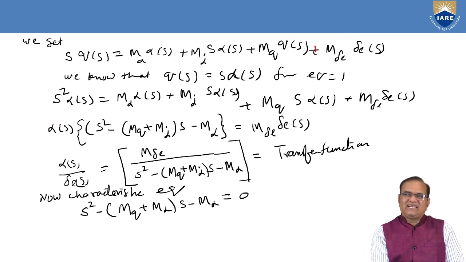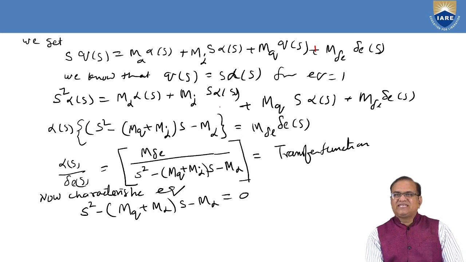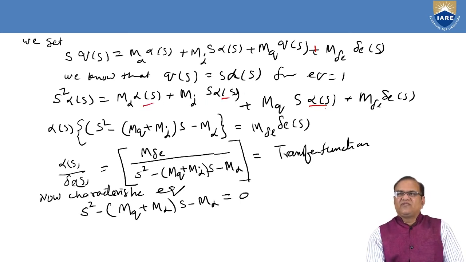Now if we take all the alpha terms to one side and take alpha(s) common, we get s squared minus (m q plus m alpha dot) into s, because both have this s, minus m alpha, equal to m delta E into delta E(s).